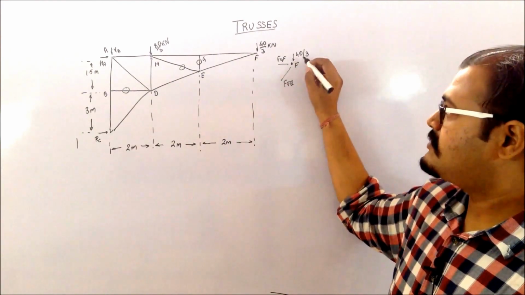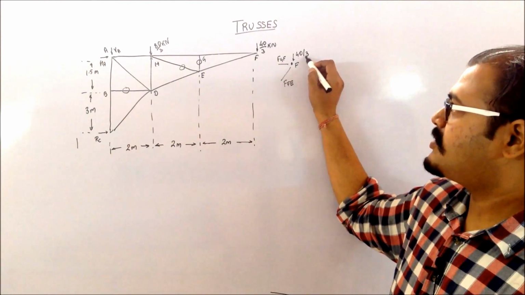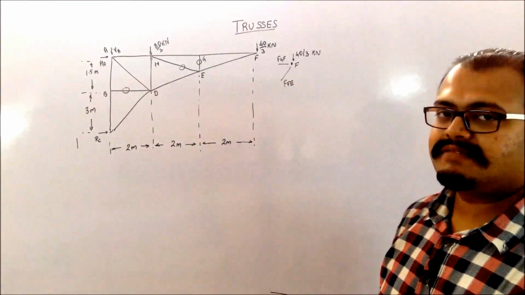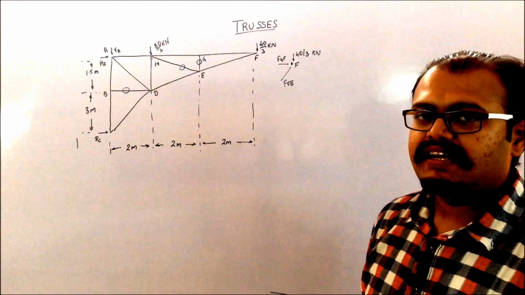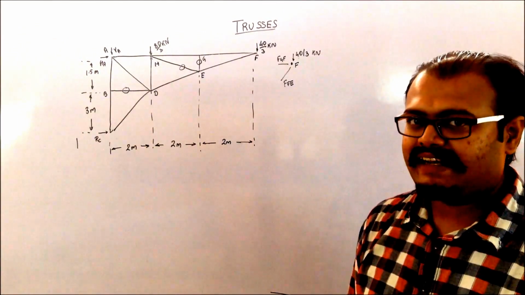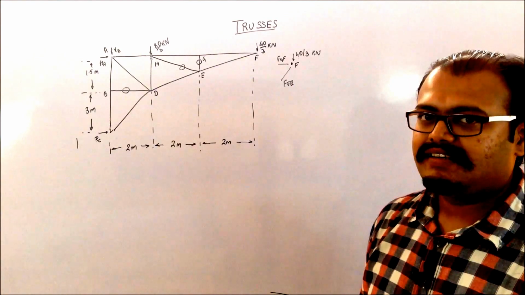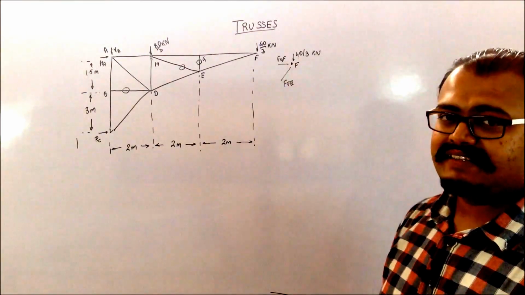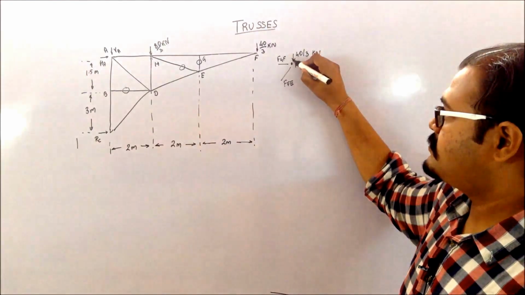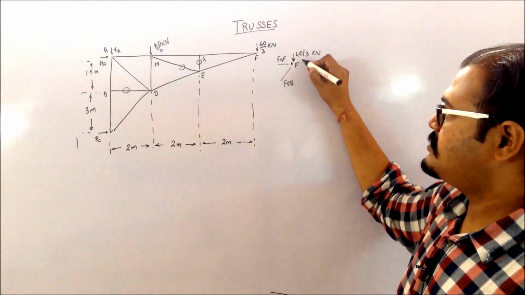There is a pin load which is attached to it, which is 40/3 kilonewtons, and there are these forces in the members. Now while taking direction also, you can do a pretty good analysis if you are having some simple case like this. Like you can observe that this particular force direction and magnitude is known.